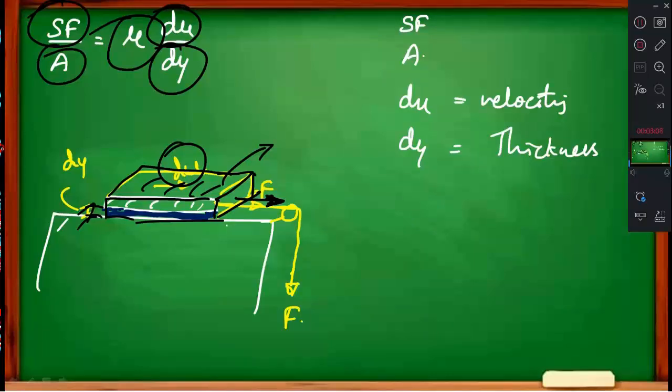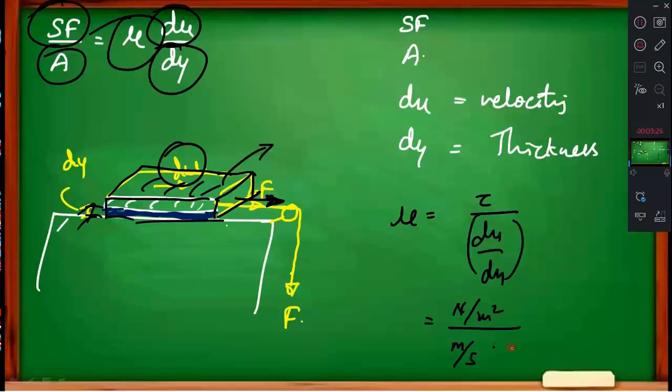Any doubts? Now tell me, what is the unit of dynamic viscosity? Dynamic viscosity is equal to tau divided by du by dy. Tau is Newton per meter square, this is meter per second, and this is 1 by meter. Meter cancels.